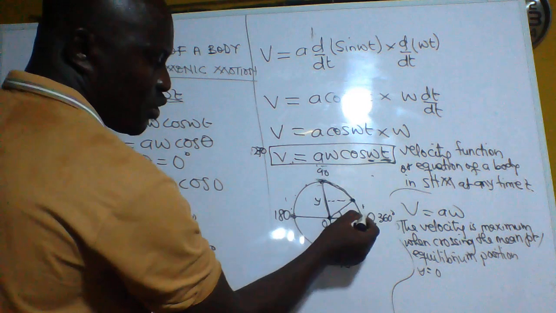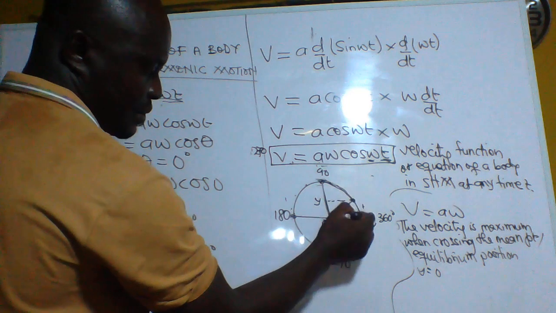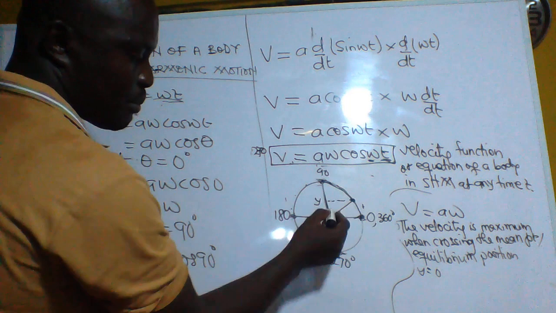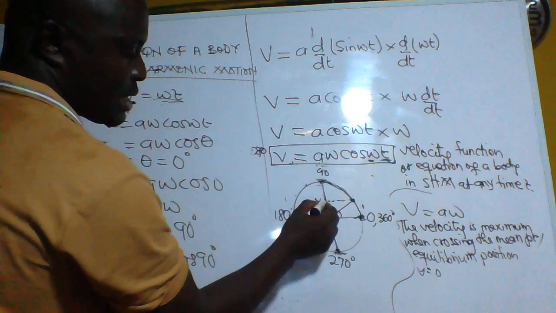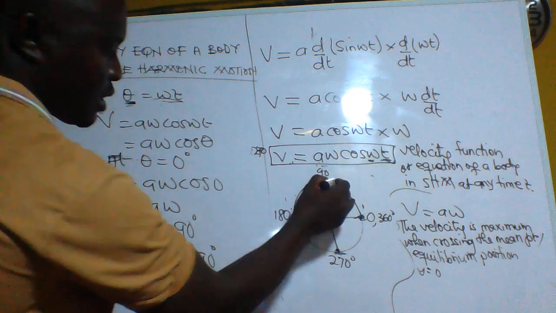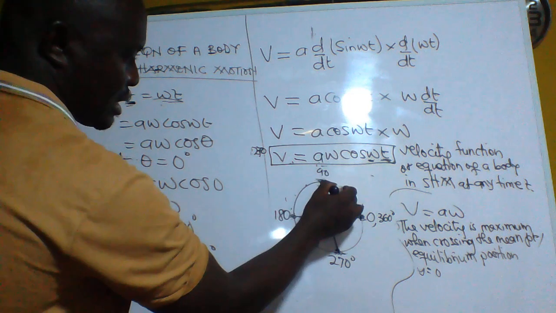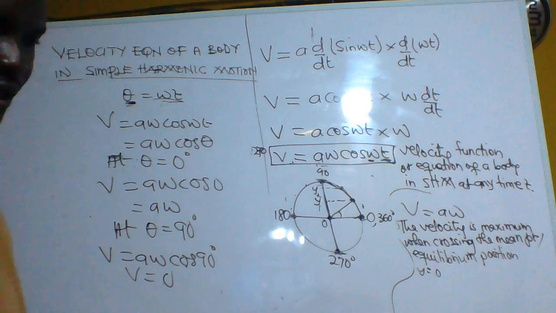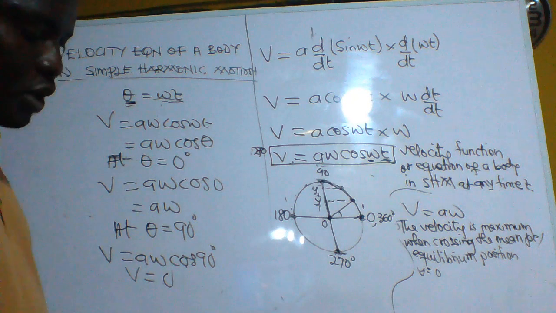What if you are not given time? The position changes with time, but at a displacement of, let's say, y1, what is the velocity of the body? The particle moves from here at a displacement of y2. What is the velocity of the particle? So here, what are we given?